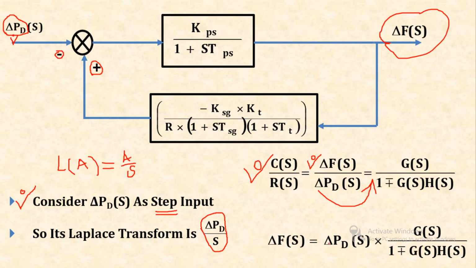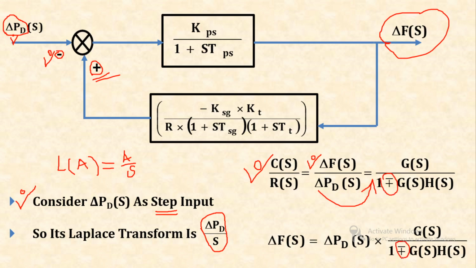So we have to just put the value of delta PD of S, but keep in mind that input has negative sign. So this delta PD of S is having a minus sign and this feedback is positive. So we are going to consider the negative sign in this formula.